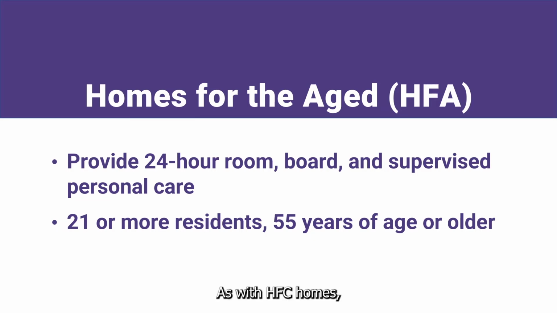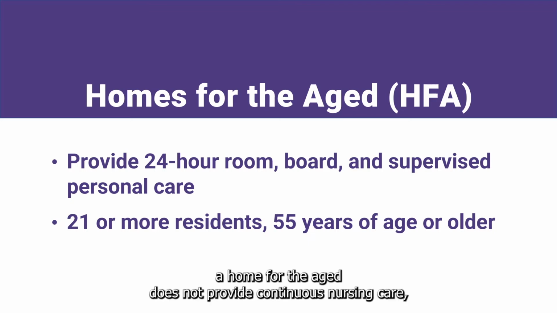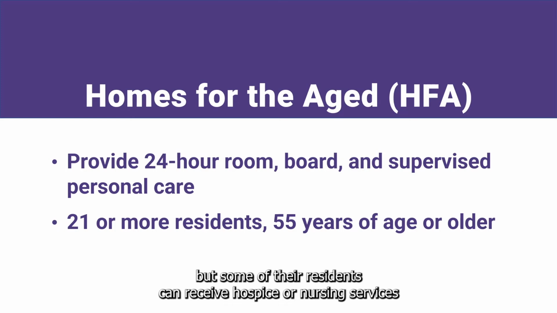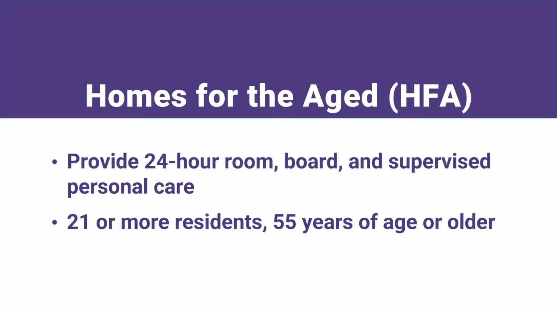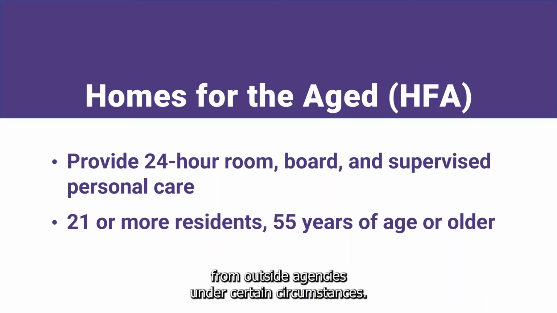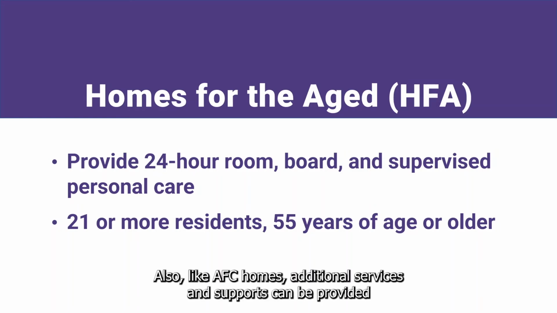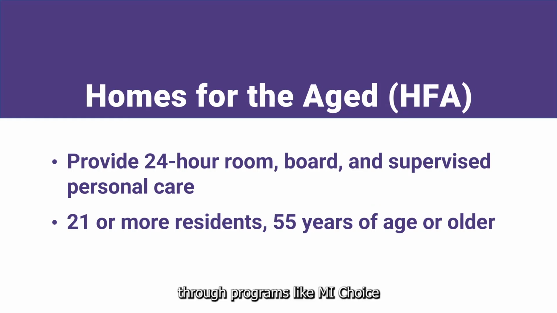As with AFC homes, a home for the aged does not provide continuous nursing care, but some of their residents can receive hospice or nursing services from outside agencies under certain circumstances. Also, like AFC homes, additional services and supports can be provided through programs like MI Choice and the Program of All-Inclusive Care for the Elderly.